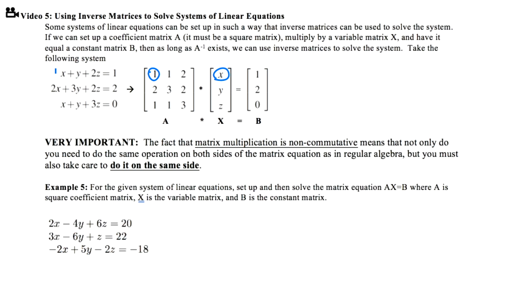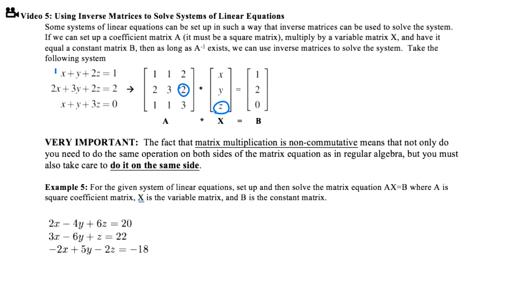I'm going to get 1x plus, move over and down, 1y plus 2z, and that has to equal the 1 that you see over here through matrix equality. And I'll talk about that in a little bit. Look at the second row. 2 times x, move over and down, plus 3 times y, plus 2 times z is going to equal 2.